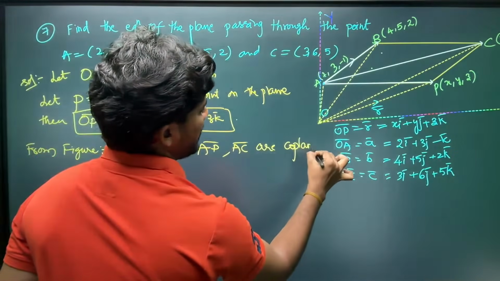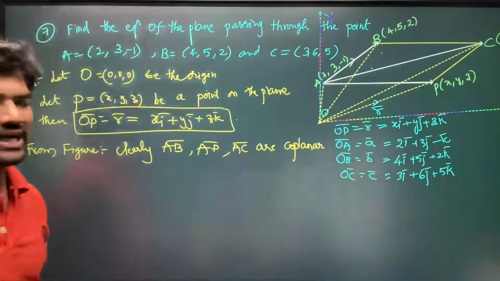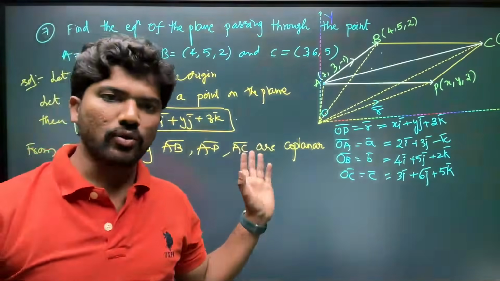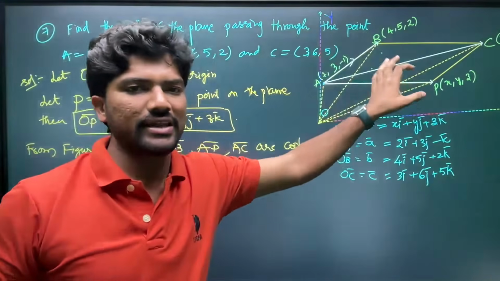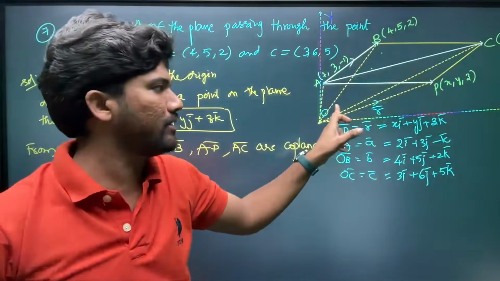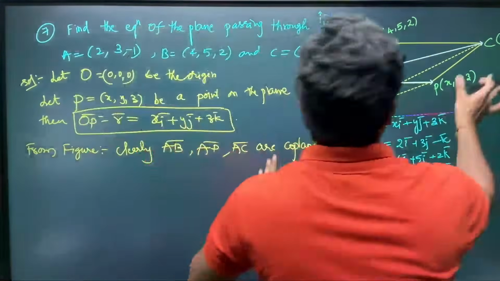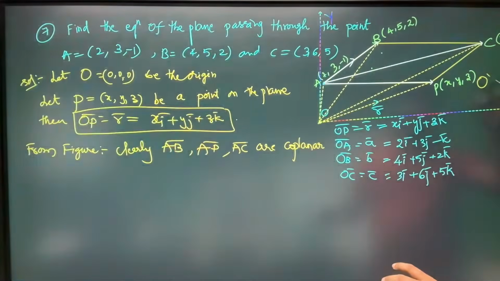Collinear is a different concept from coplanar. If two or more vectors lie in the same plane, they are coplanar. Here AB bar, AC bar and AP bar lie in the same plane, the OXY plane.